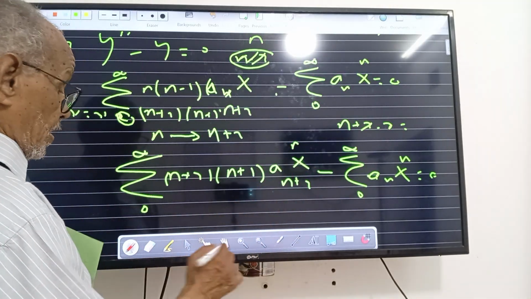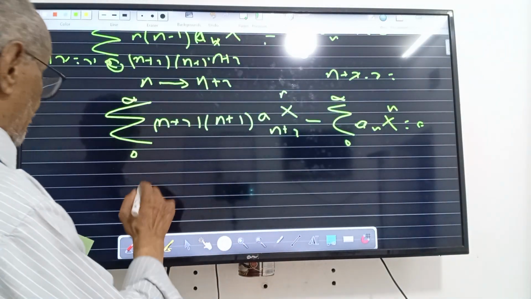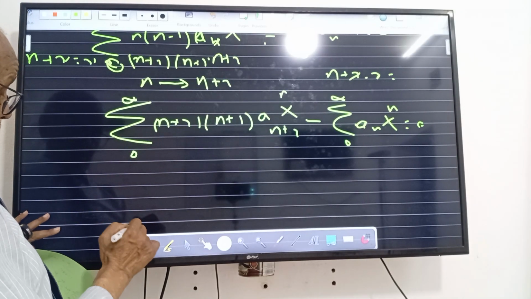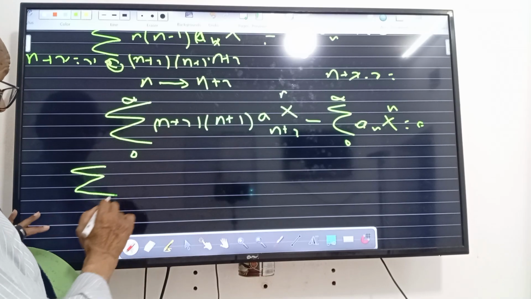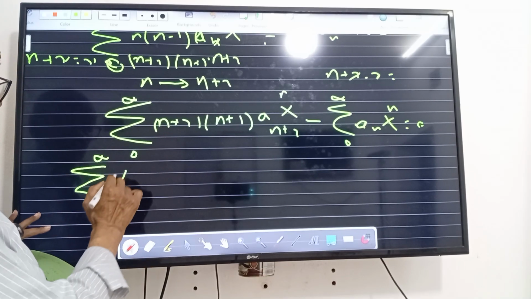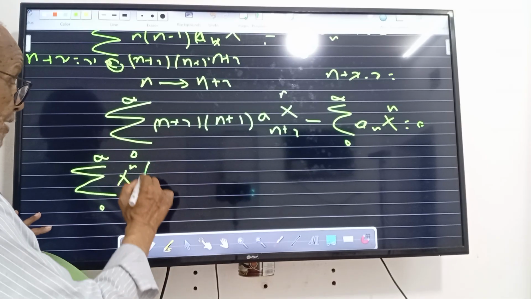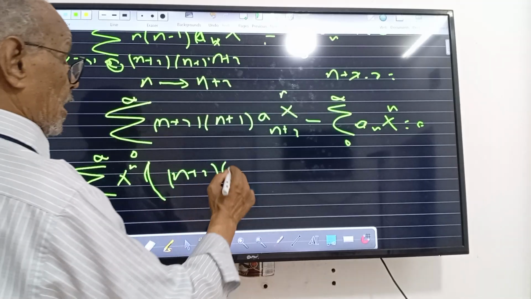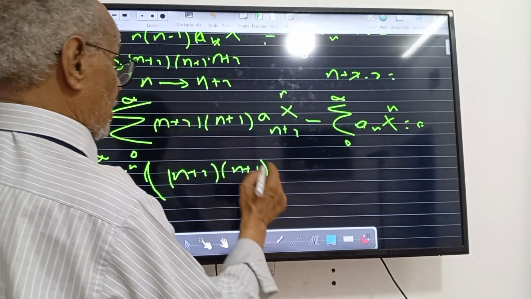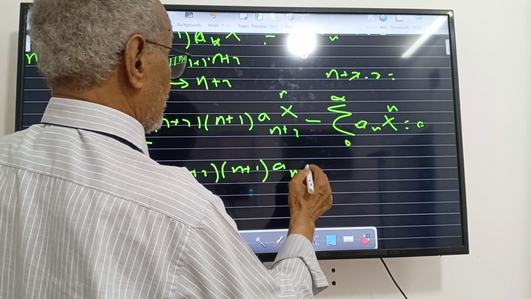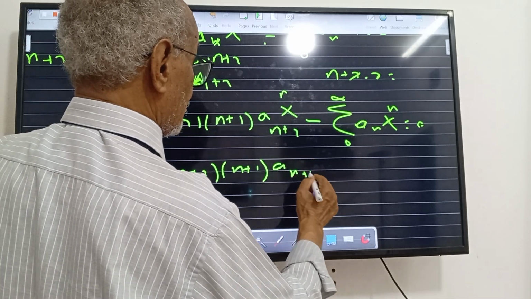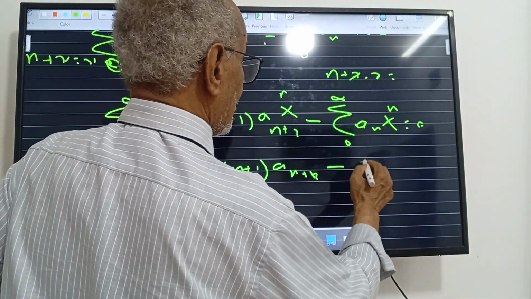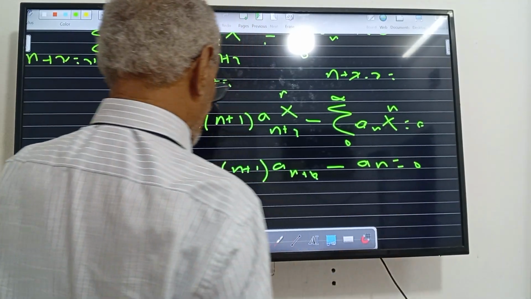If we take sigma from 0 to infinity x to the power n as a common factor, this will be n plus 2 times n plus 1 a n plus 2, minus a n equals 0.